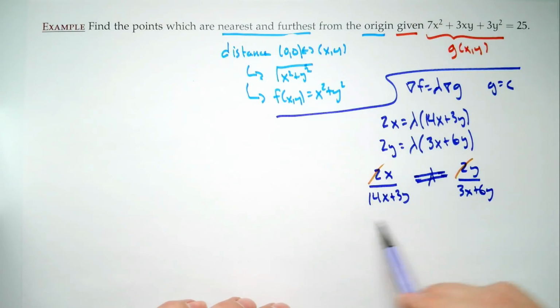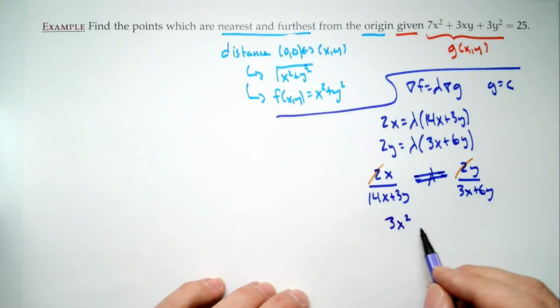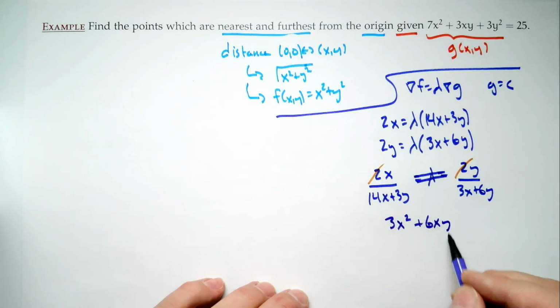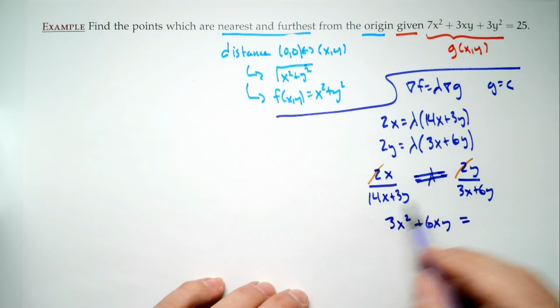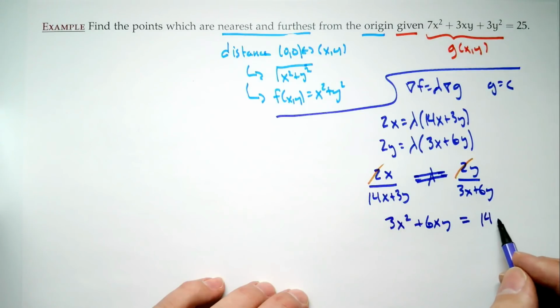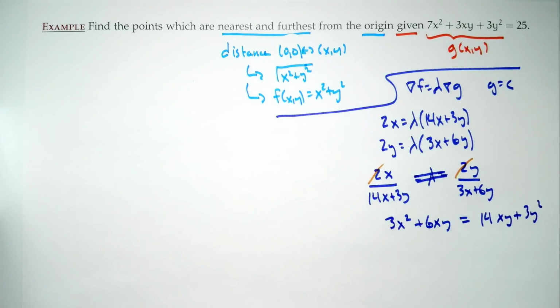Then I'm going to do the y times 14x plus 3y. So cross multiplication, we get 3x squared plus 6xy. Well, that's going to be equal to 14xy plus 3y squared. All right. Are you nervous yet?